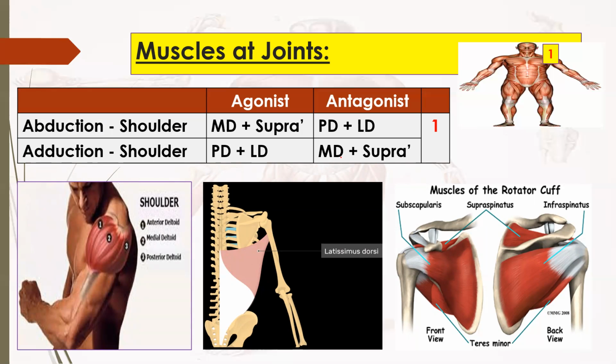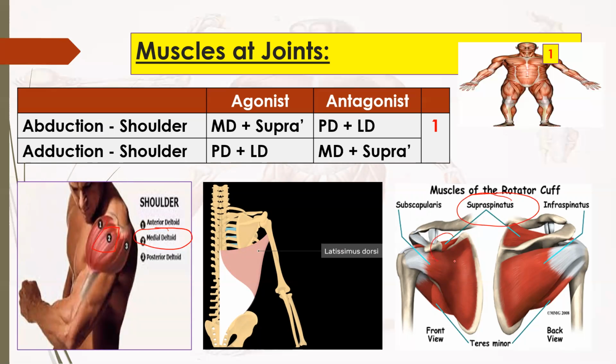So abduction, movement away from the midline of the body. Instead of the anterior deltoid, again, if you put your hand on the side of your shoulder, that is the middle deltoid or the medial deltoid, the one here. Okay, so it's that muscle plus this one here, the supraspinatus. Those two work together as the agonist. Now this is essentially where your scapula is on your back. Again, there's different names of muscles here.